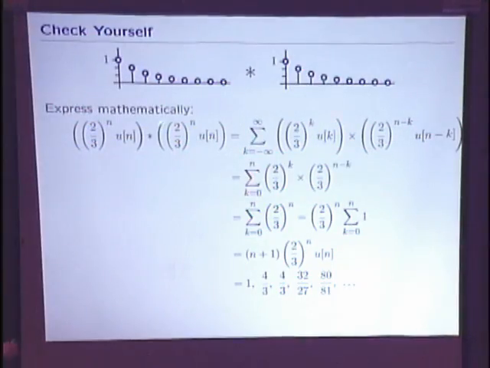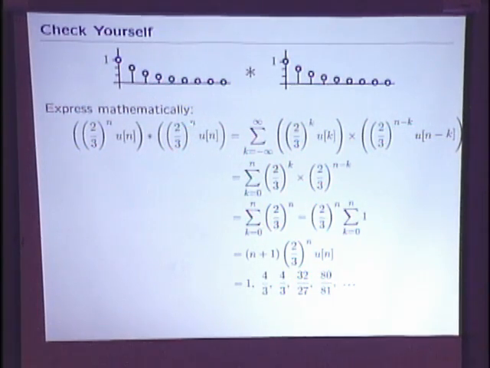Okay, if you're exclusively mathematically minded, you can also just do it with math. All you do is think about a mathematical description of the left signal, say (2/3)^n times u[n], and the right signal. And now all I need to do is think about that formula. So do a sum, taking the function of n and turning it into a function of k.